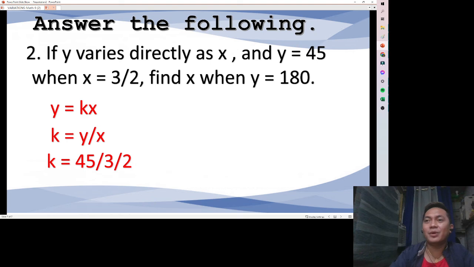Ayaw lumipat ng aking PowerPoint. May technical problem.